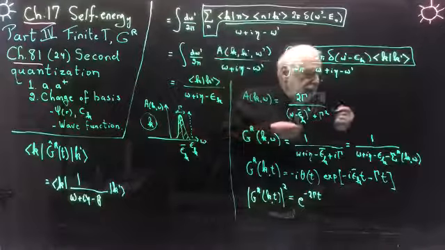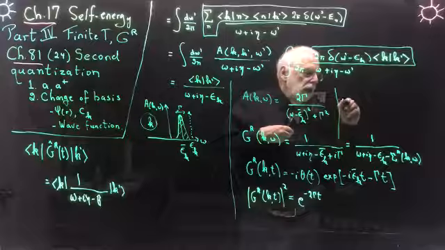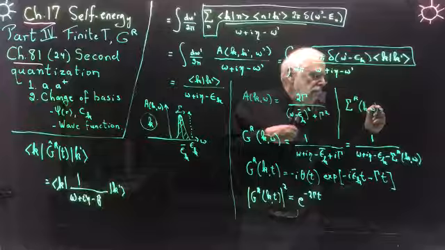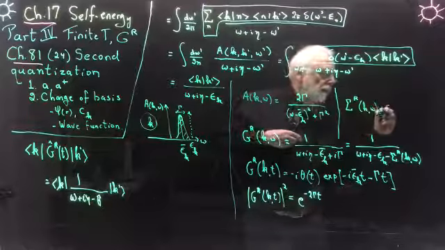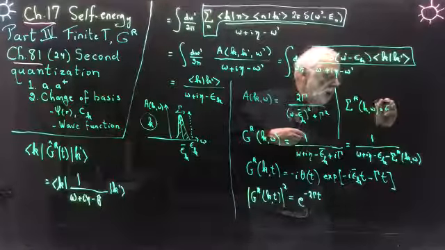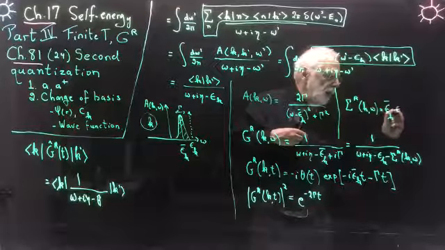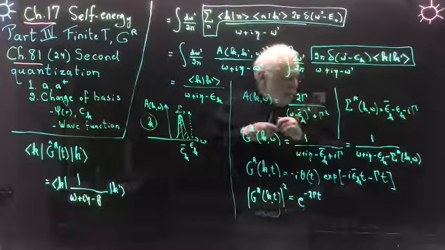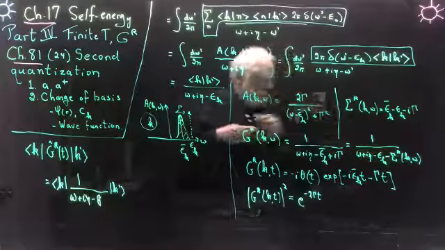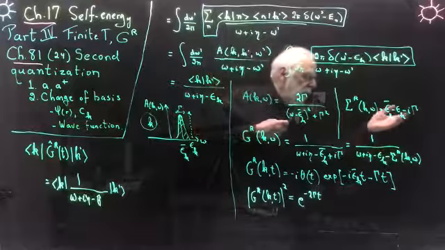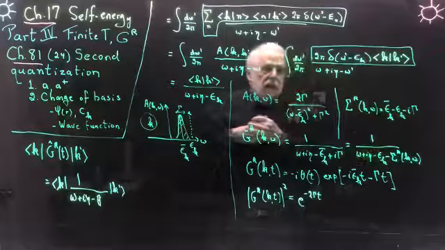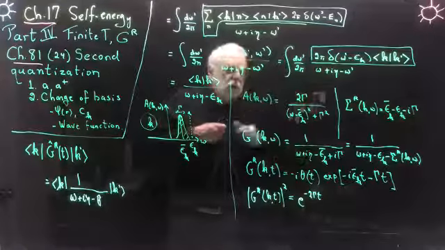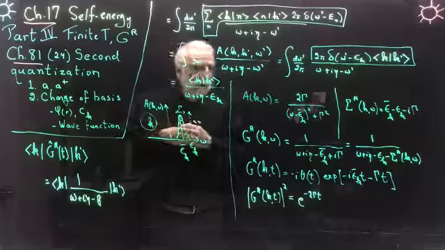In the present case, the self-energy sigma retarded of k and omega is equal to epsilon bar k minus epsilon k minus I gamma. But in the general case, that's what it would be. So the real part of the self-energy shifts the eigenenergies, and the imaginary part leads to a decay of the probability.